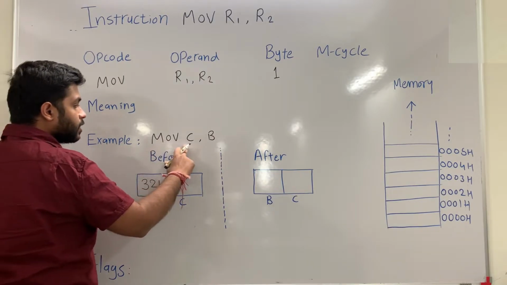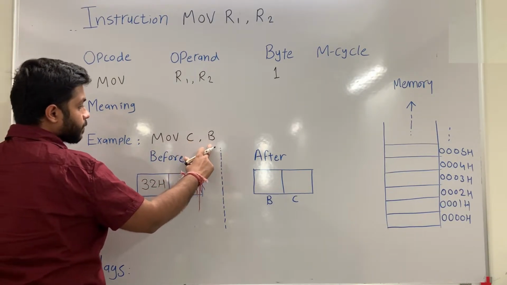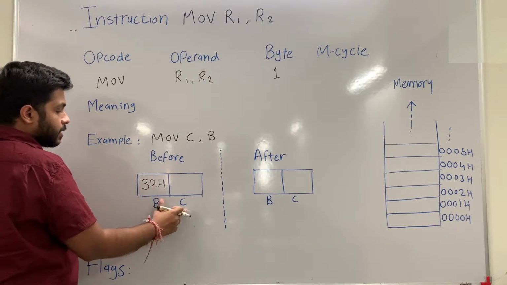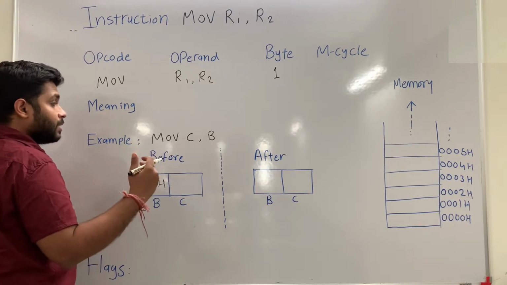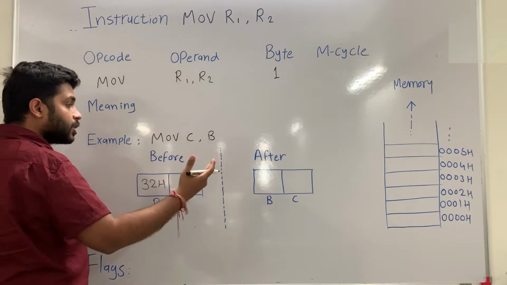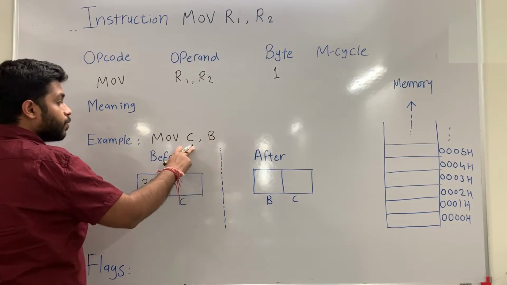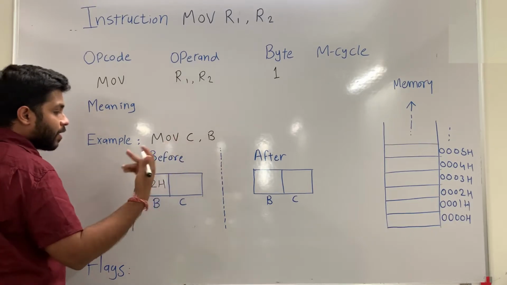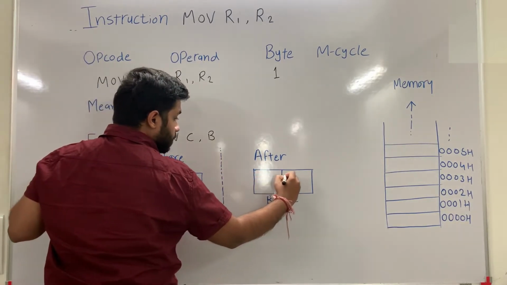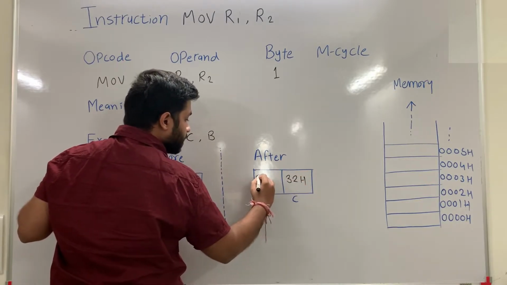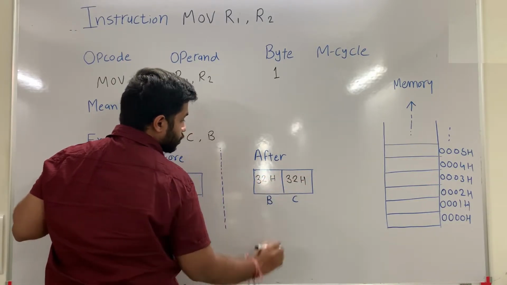And we are executing the instruction MOV C, B. When MOV C, B is executed, the data from register B will be moved to register C. So after the execution, C will contain 32H as well as B will contain 32H.